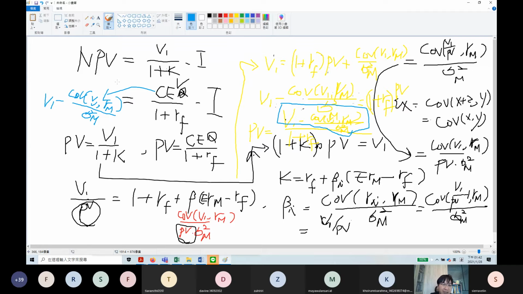So we can calculate the present value: we just use V1 minus the covariance over sigma M squared. So this is our number 5. Any questions?